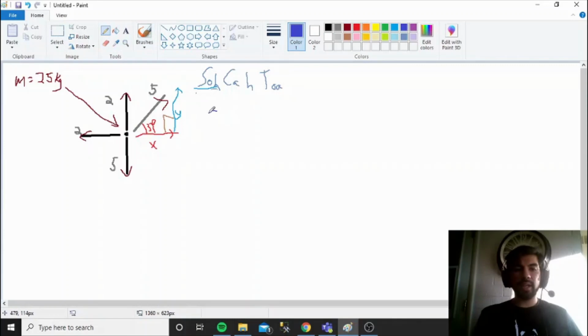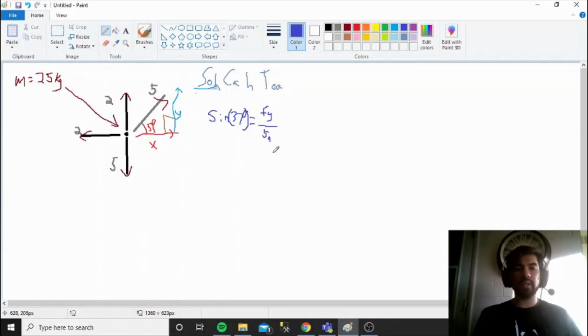So sine of 37 degrees, make sure you're in degrees and not radians, this will change a lot of important things, is going to be equal to the opposite, which is my Fy, over my hypotenuse, which is 5 newtons, because you already know what it is.